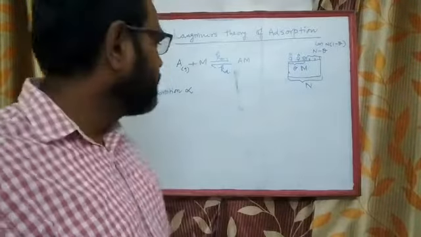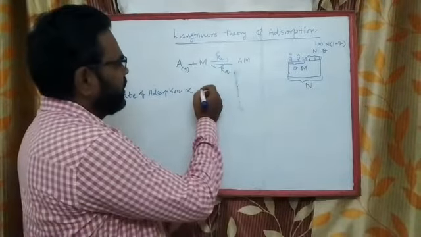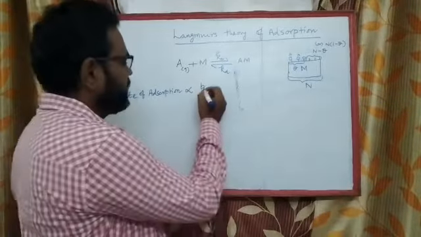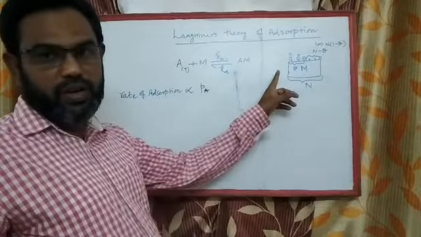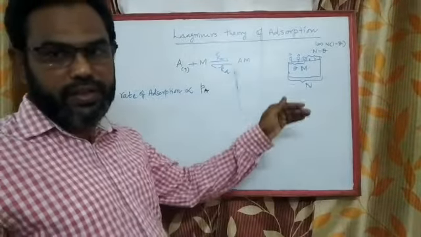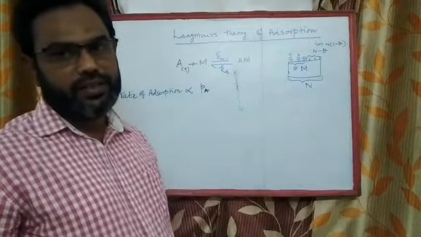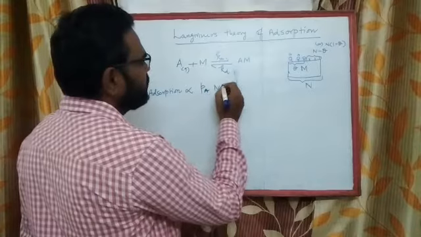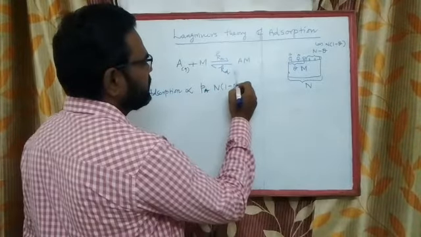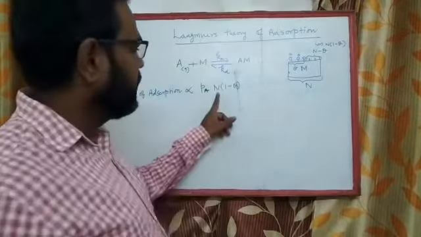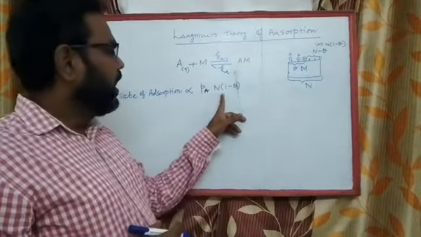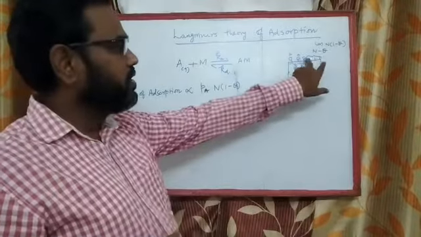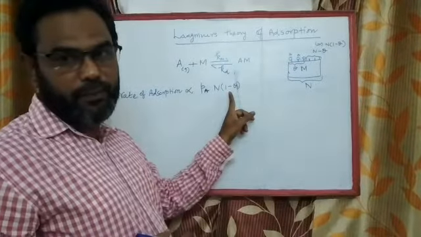The rate of adsorption depends on the pressure of the molecule A, PA. If you increase the pressure, the rate of adsorption increases. And then the adsorption depends on the number of sites. The number of sites is n, and the surface area which is available and ready for adsorption is 1 minus theta.